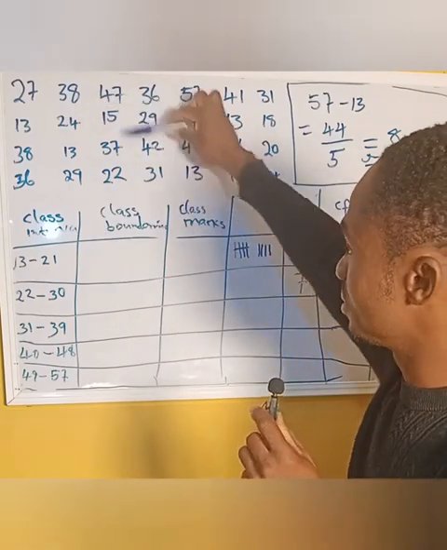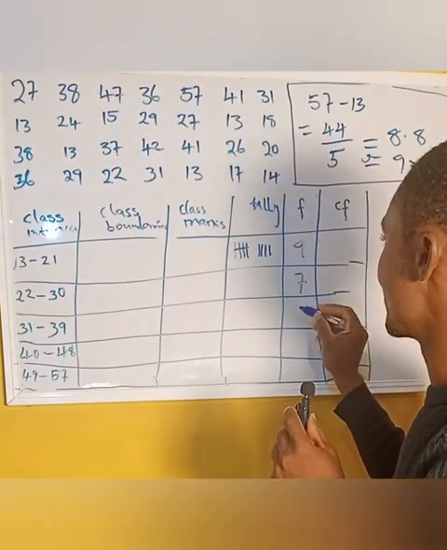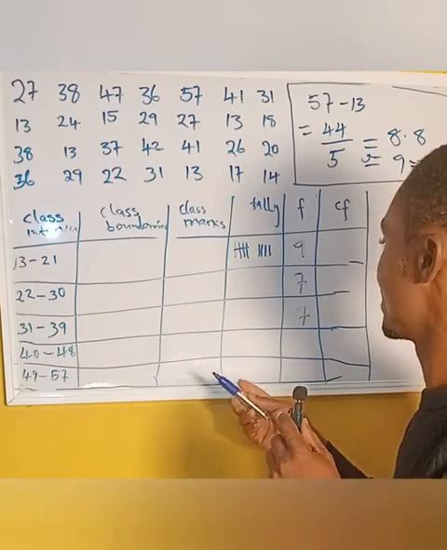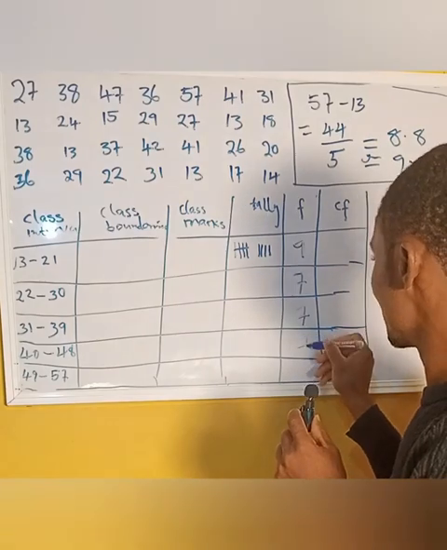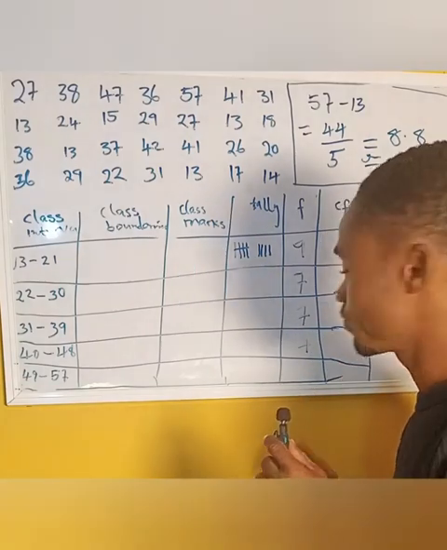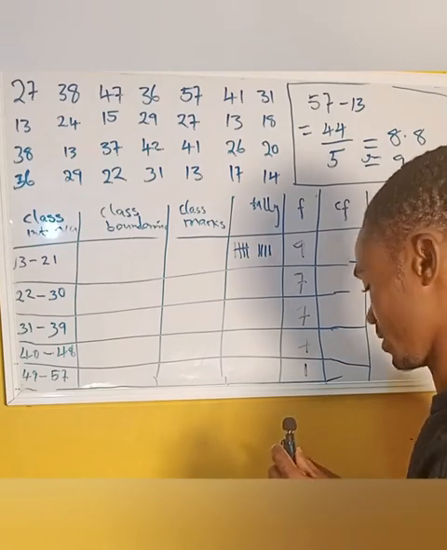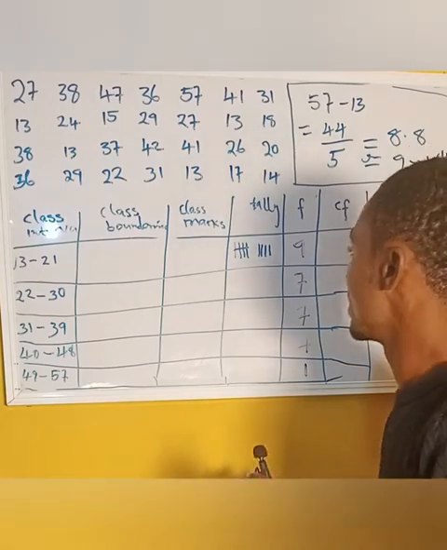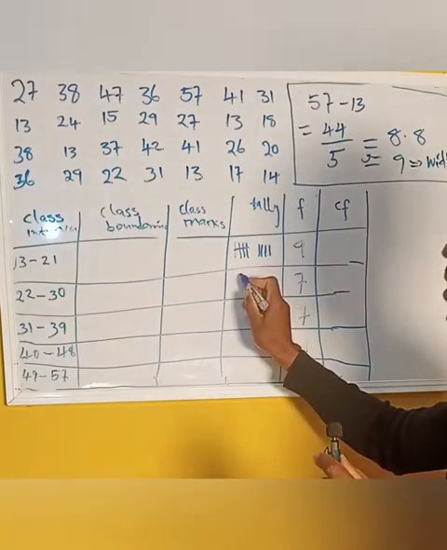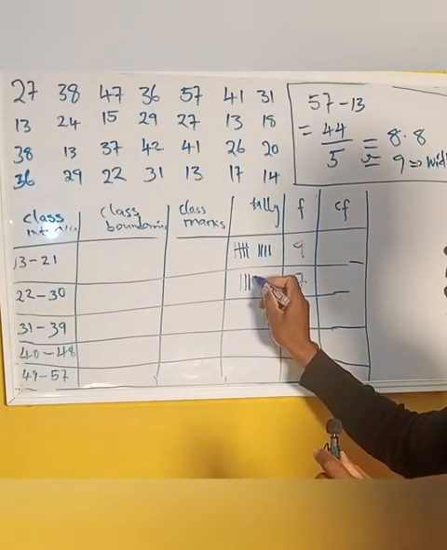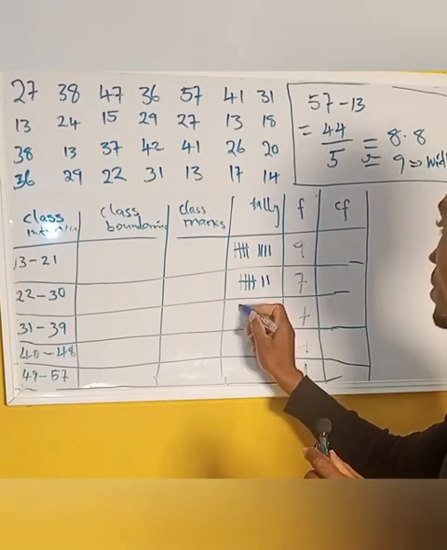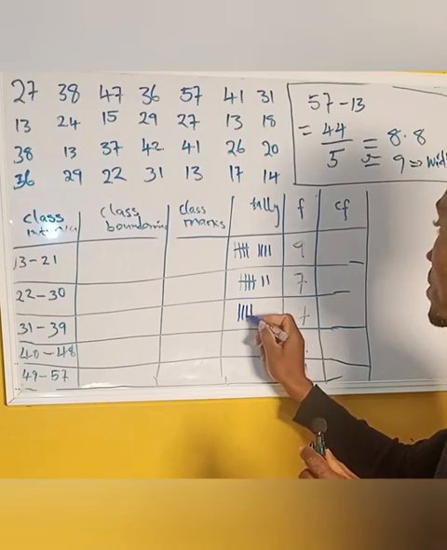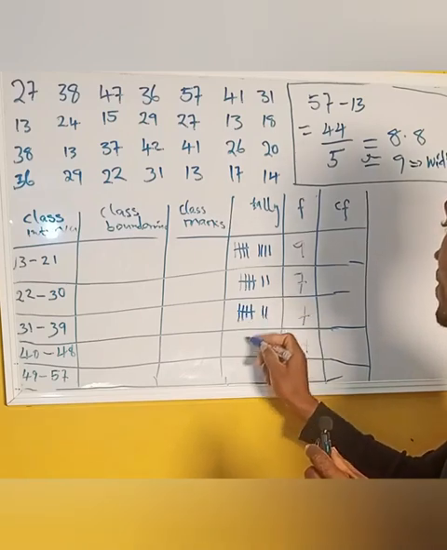You go round, and you still have 7 in this place. Come under here, you have 4, and you still have 1. So you construct your tally and frequency, same thing here.